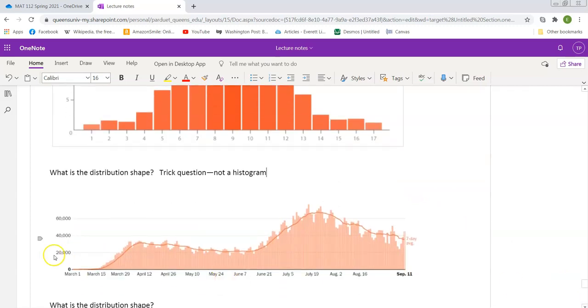Here we are. This is actually a plot of new coronavirus cases that I got from the Washington Post back in September. This is looking at the number of cases which went up and then kind of leveled off, maybe went down just a little, and then went up a little bit, and then came down a little. This does not have a shape.